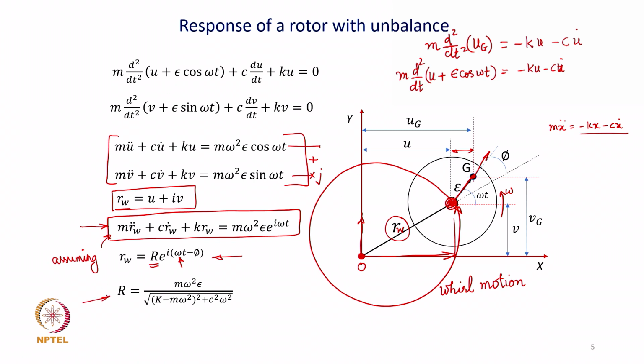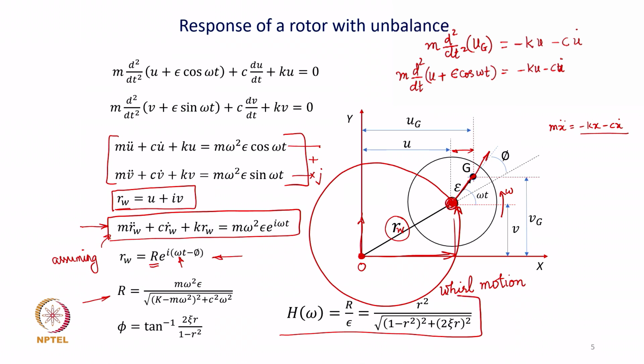This is similar to your capital X. On the right hand side you have m omega square epsilon over square root of k minus m omega square whole square plus c square omega square. When you simplify, you will get the same expression as before, that is r over epsilon, which is a dimensionless response, normalized with respect to the eccentricity epsilon.